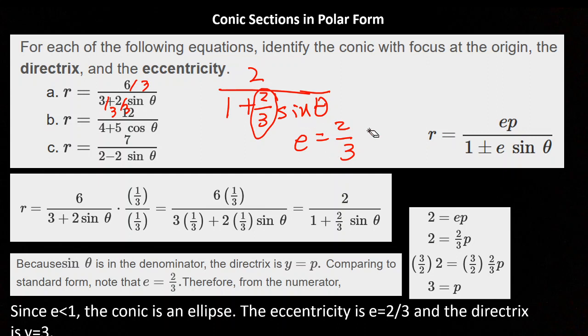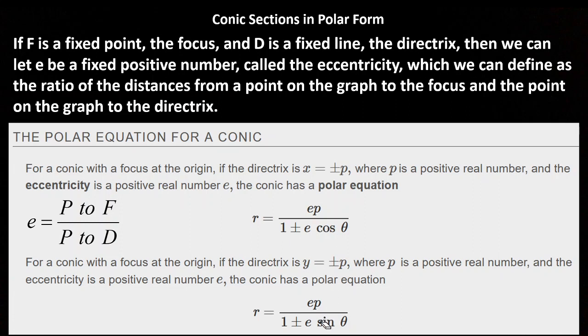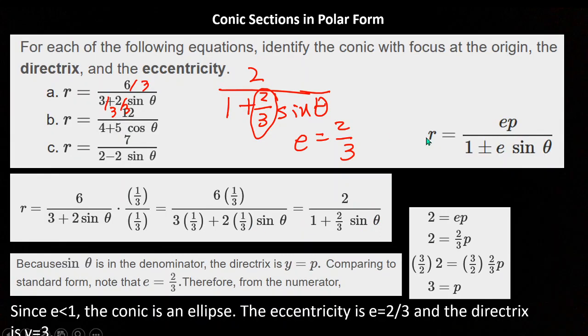Now, if it's sine, remember, let me go back. So the directrix is y equals p. So if it's sine, the conic with the focus at origin has a horizontal directrix. If it's sine, directrix is horizontal, right? So that means the conic is vertical. So here, E is 2 over 3, and EP is 2.